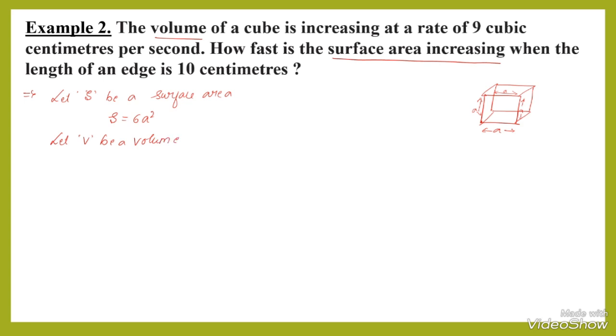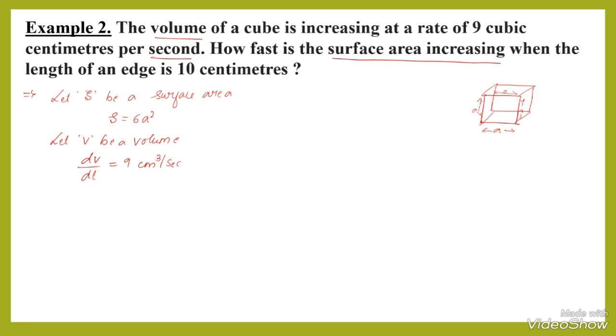Volume of cube will be increasing at a rate of 9 cubic centimeter per second. So dV by dt, per second means with respect to time only. Okay, here dV by dt will be 9 cubic centimeter per second. They give.